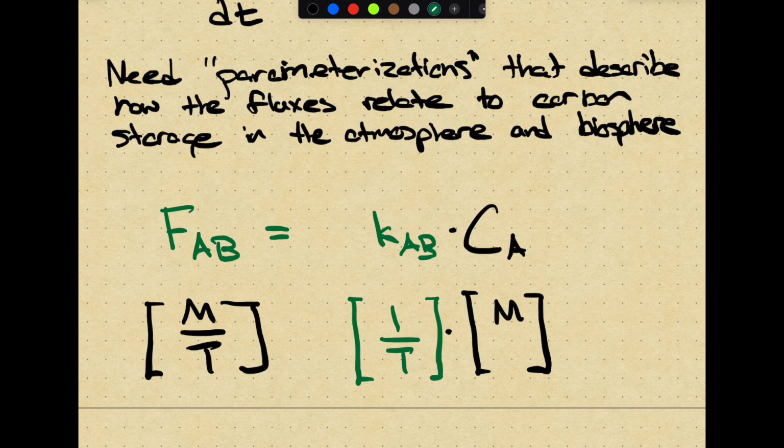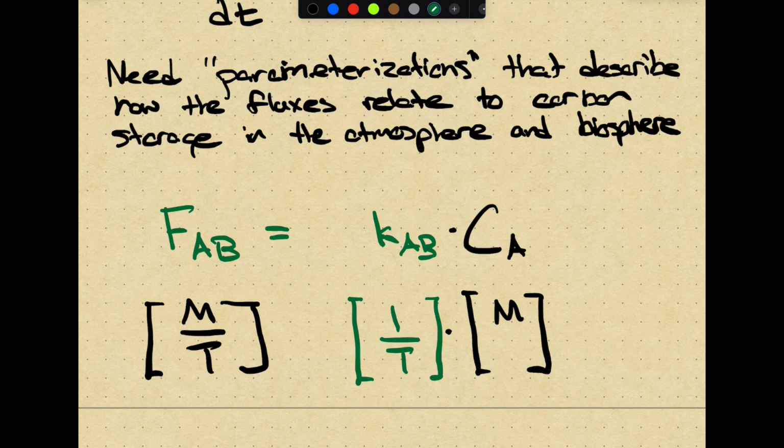And we can learn a lot about this just by thinking about it. If that number has to be between 0 and 1, and this is gigatons per year, so this is 1 over year, I can think about it as the fraction of carbon in the atmosphere that's going to move to the biosphere every year. So we can think about it as a fraction or as a percentage.